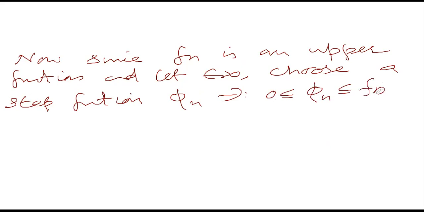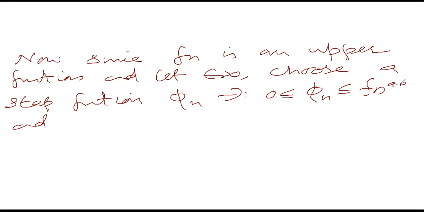Because fn is greater or equal to 0, because fn decreases to 0, so that means fn is non-negative. Whenever we have a non-negative upper function, I can find a non-negative step function. This is already done in one of our theorems. So this is non-negative, and it is also less or equal to fn, because that sequence actually increases to fn. So for each epsilon positive, I can find a step function phi such that this holds almost everywhere.